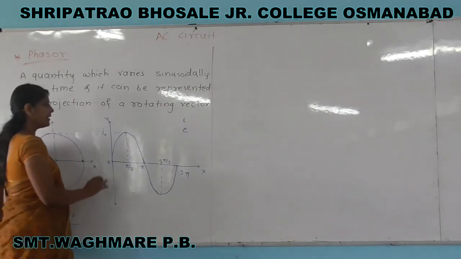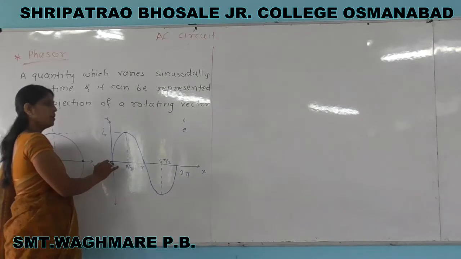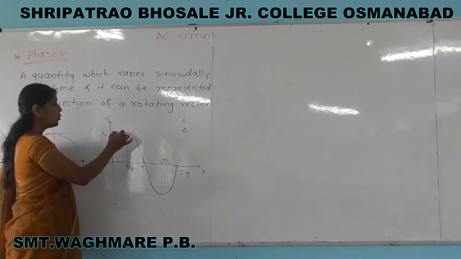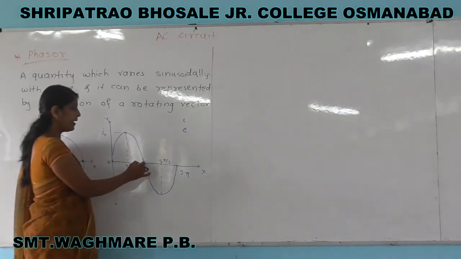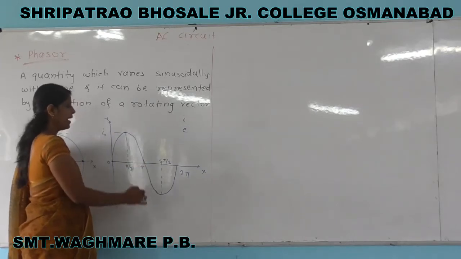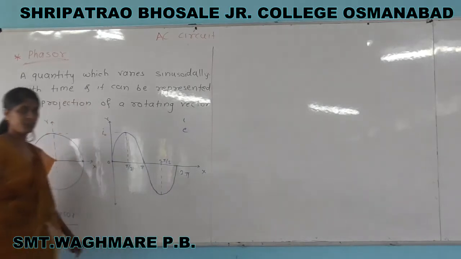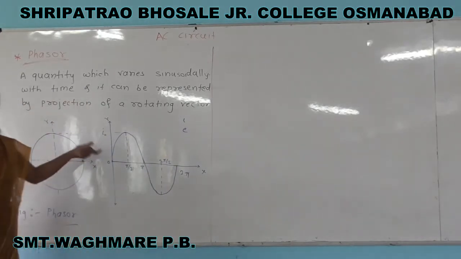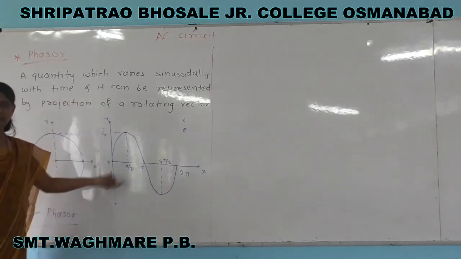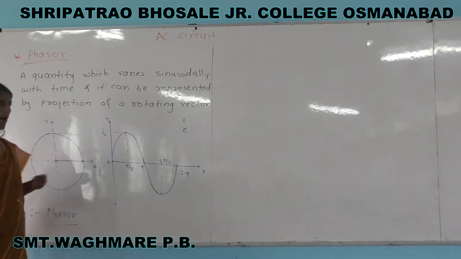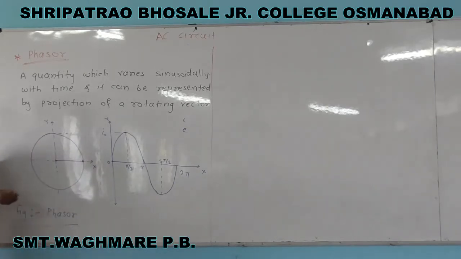This current varies from minimum value, that is 0, to high value, then again to 0, and then negative high value, and then again 0. As well as EMF also varies from 0 to peak value.